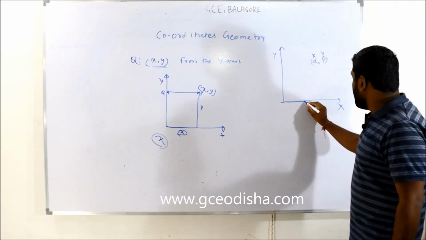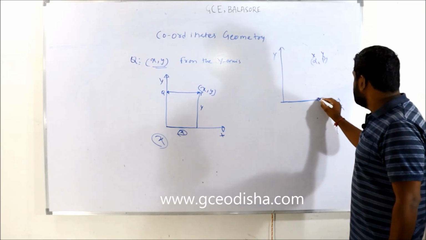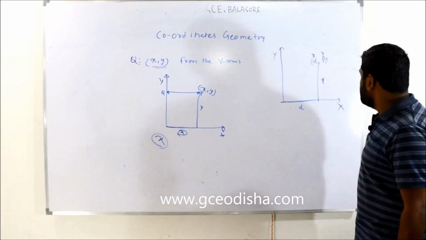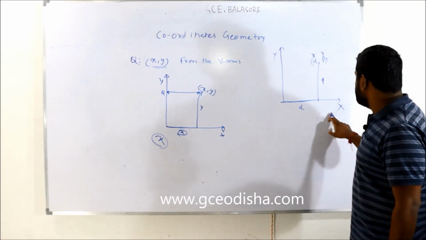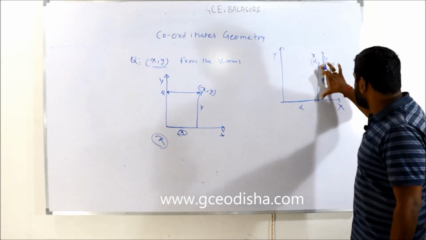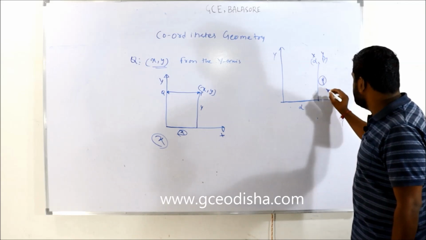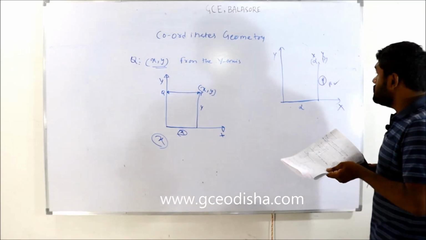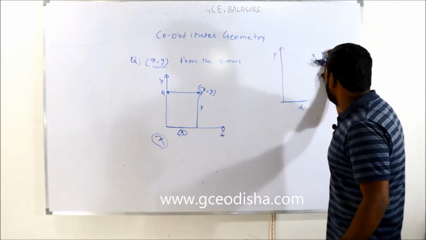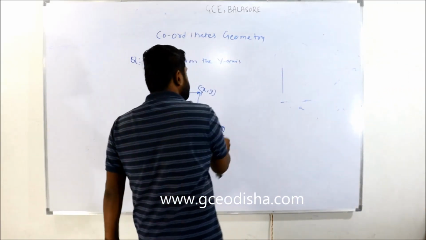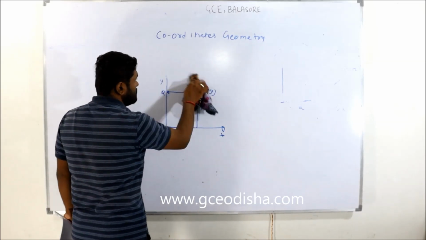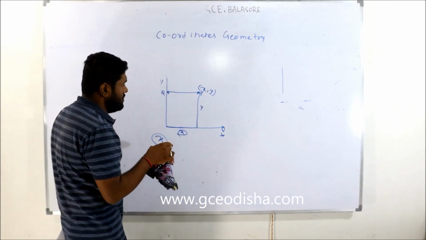It goes alpha units in the x direction and beta units in the y direction, right? What is the distance from the x axis? This distance is beta. Beta is the answer. This type of question will come in the exam. It is a simple one, but you must concentrate on how you will find it.